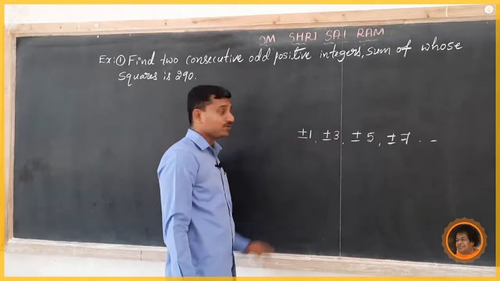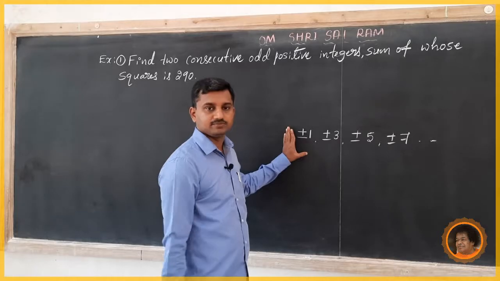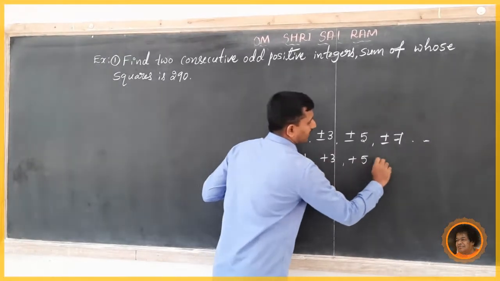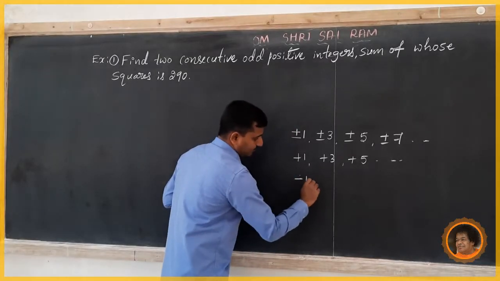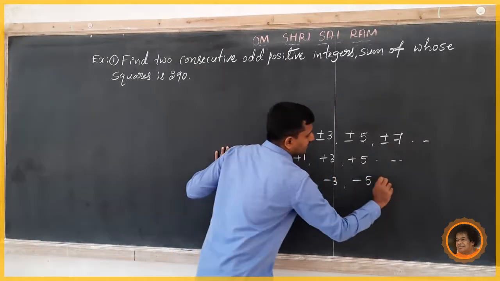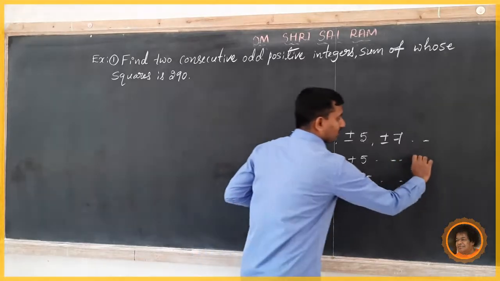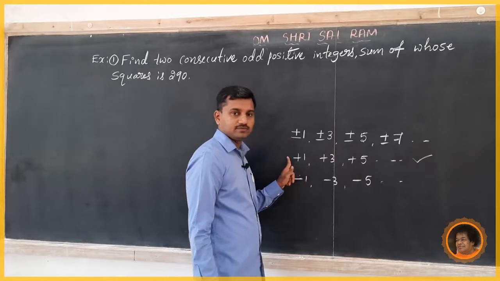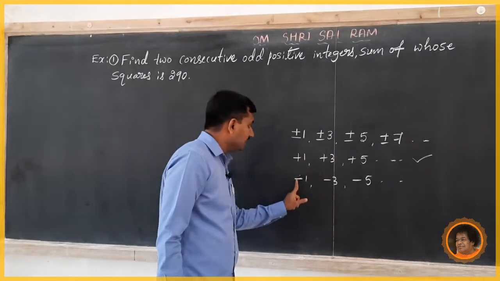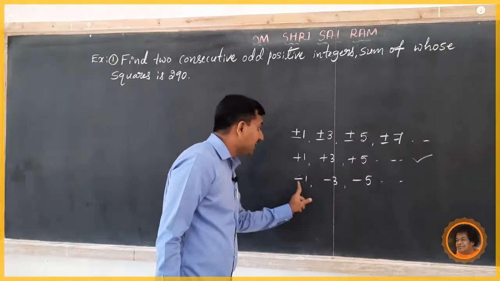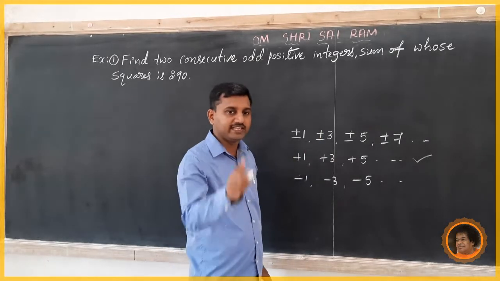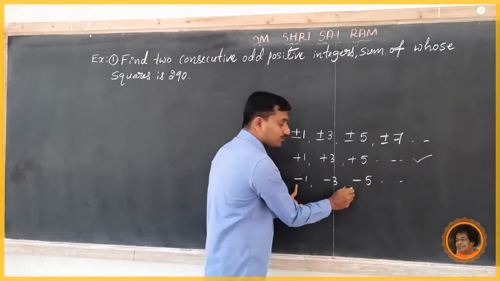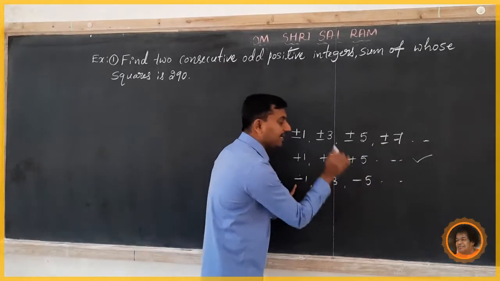So plus 1, plus 3, plus 5 are the odd positive integers, and minus 1, minus 3, minus 5 are the odd negative integers. I think it is clear.